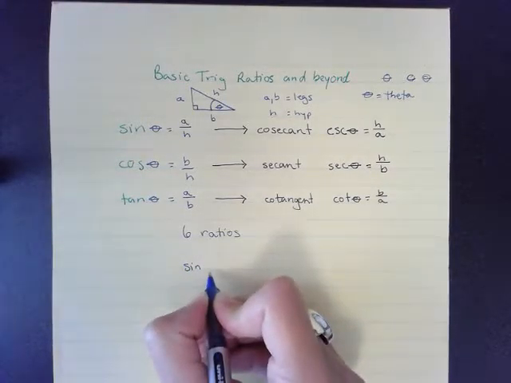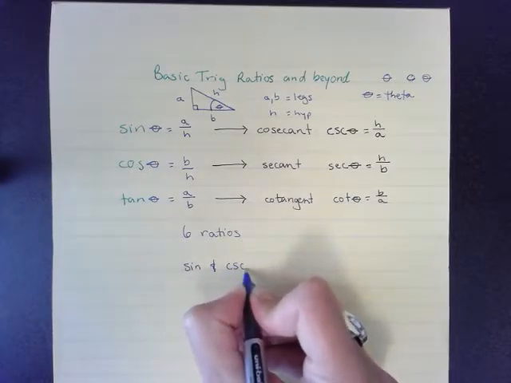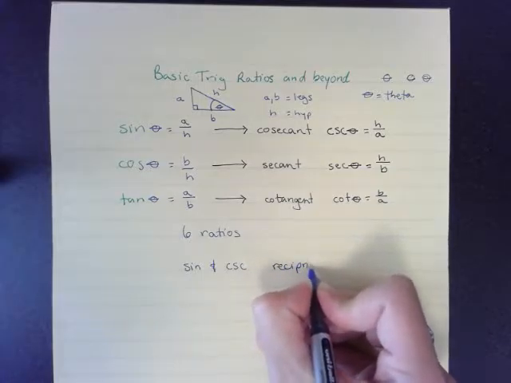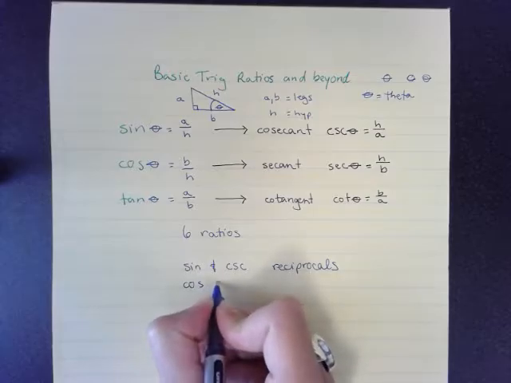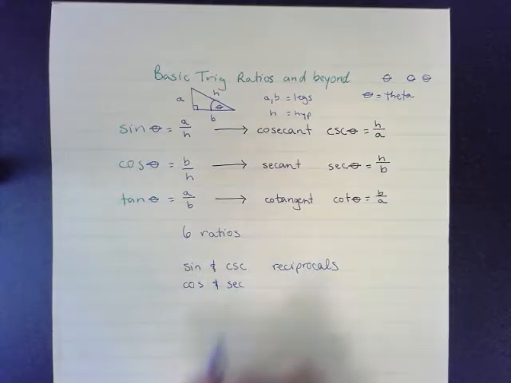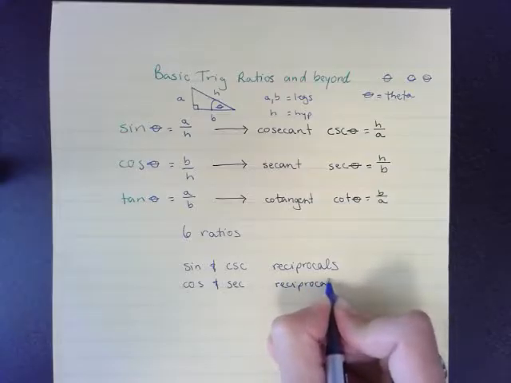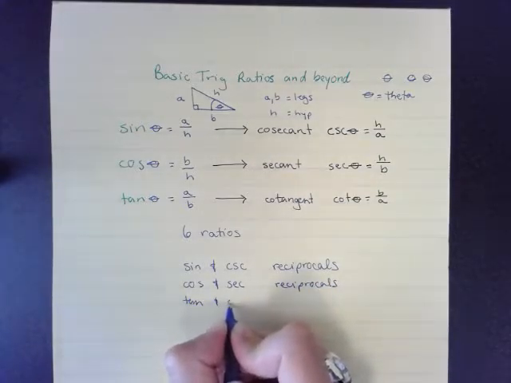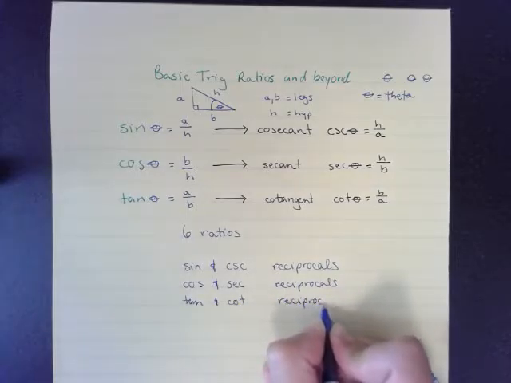Sine and cosecant are connected because they are reciprocals of each other. Cosine and secant are connected because they're reciprocals of each other. And tangent and cotangent are connected because they're reciprocals of each other.